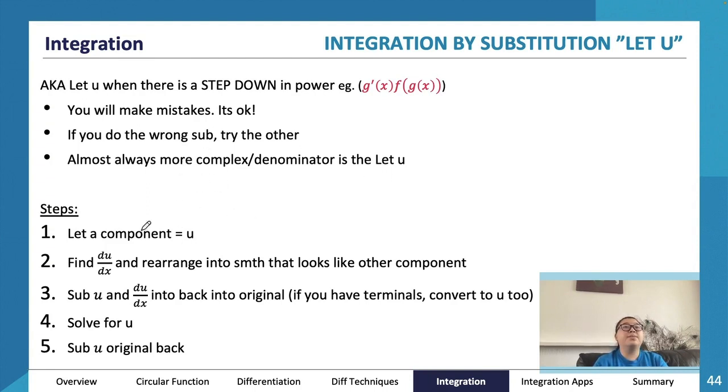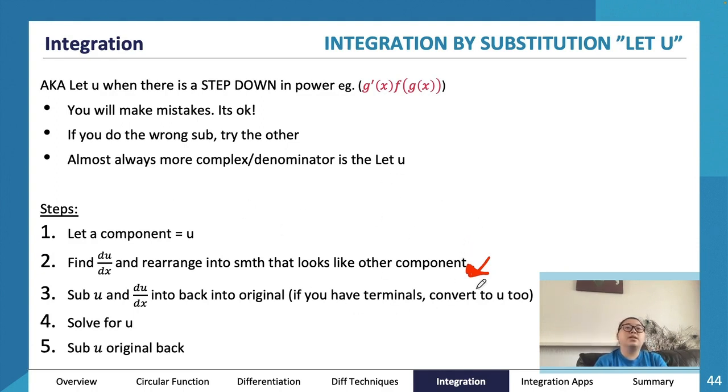In terms of the steps, we let one of the parts equal u, we need to find the du dx, and then we need to rearrange to plug that into the equation as well. And then we put that in, so we convert the term. If you have a definite integral, what that means is you don't have to convert back to x. But if you have an indefinite integral, you have to convert back to x, because remember, they want it in terms of x, not u.